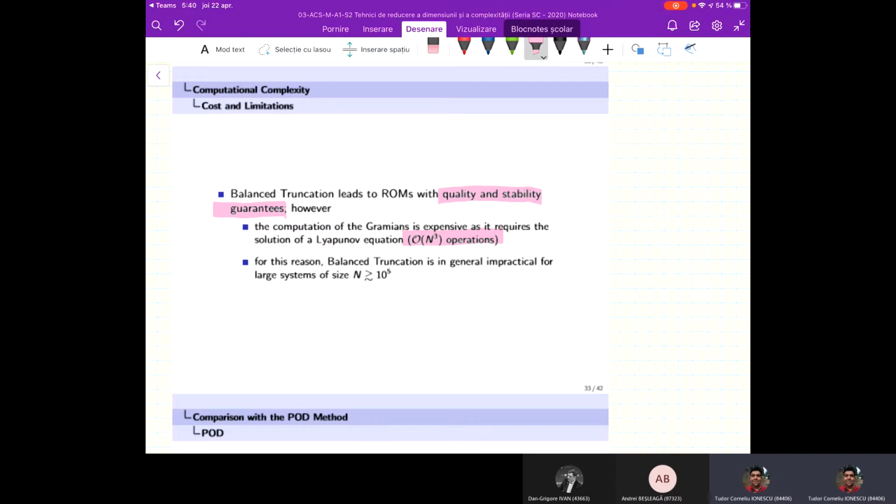If you want to do lyap or lyapcall of large dimension matrices, things are failing from a numerical point of view. For this reason, they say balanced truncation is generally impractical for large sizes of the system. 10 to the power 5. No, I disagree. Even worse than that.